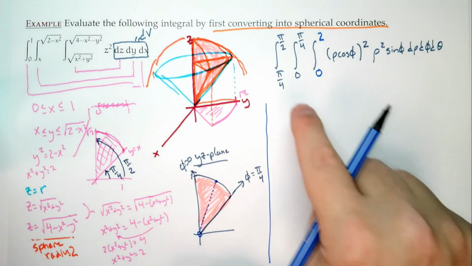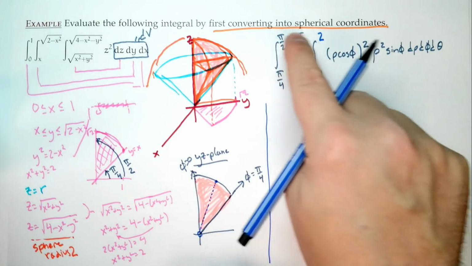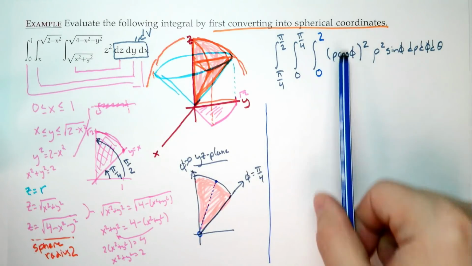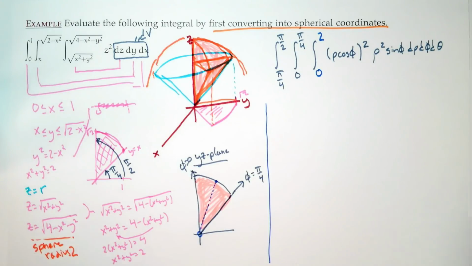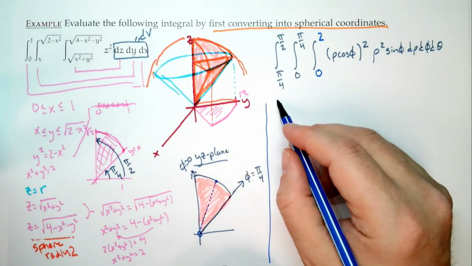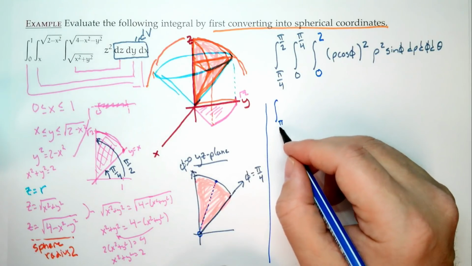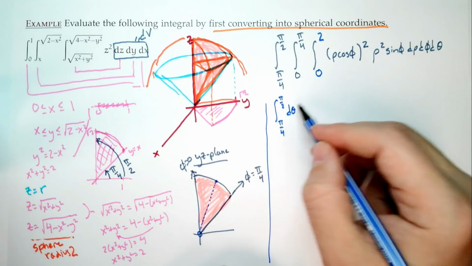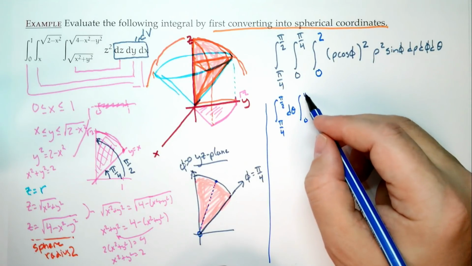Well, we can do what we've done before. Because see how these are really nice bounds? In spherical coordinates, when you take wedges of spheres, you end up with really beautiful, glorious bounds. Numbers to numbers, numbers to numbers. So that says there's a strong chance we can pull our integral apart. And it's actually a very strong chance. So we can pull our integral apart. Pi fourths to pi halves, d theta. 0 to pi fourths.